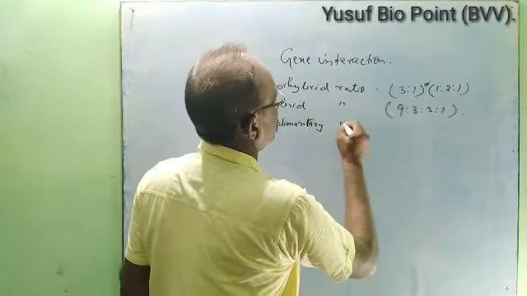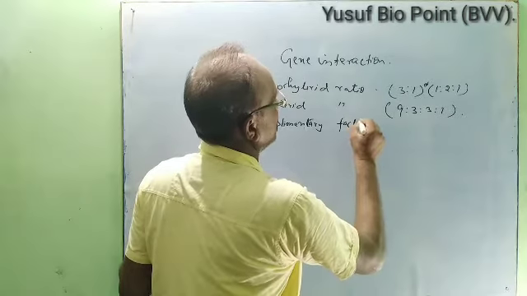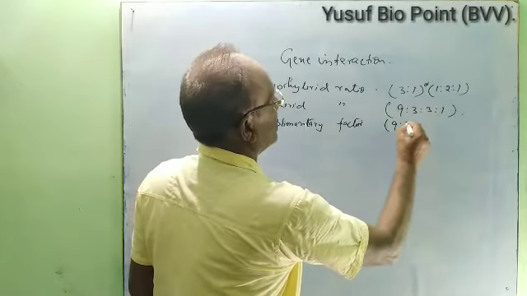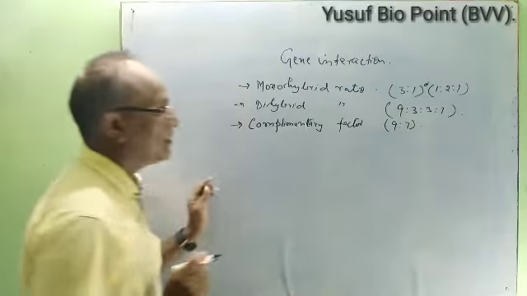Complementary factor, that is, complementary gene ratio is 9:7.